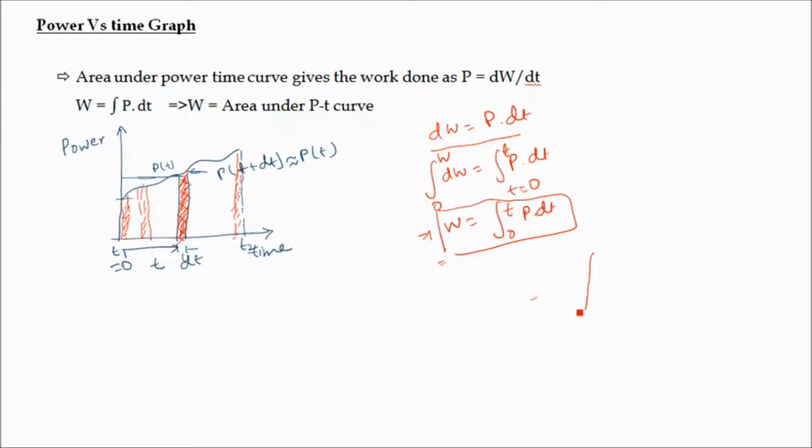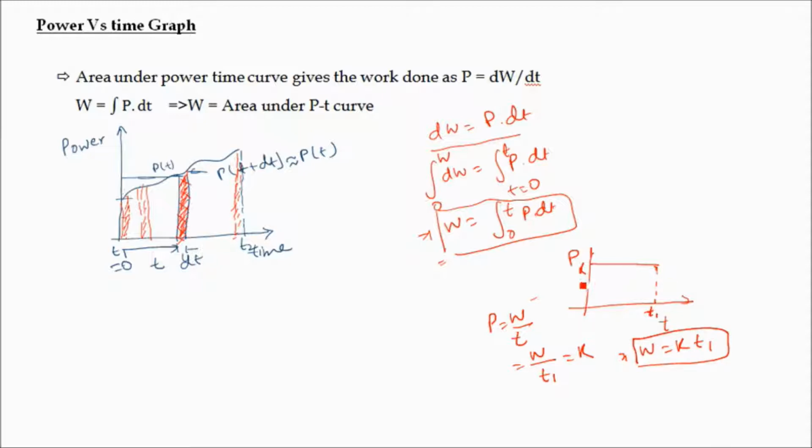Suppose this figure is the P-t graph when power is constant, given by value K. If you have to calculate the work done during the time T1, then power is equal to W by T, so W is equal to K T1. Basically K T1 is the area of this rectangle.